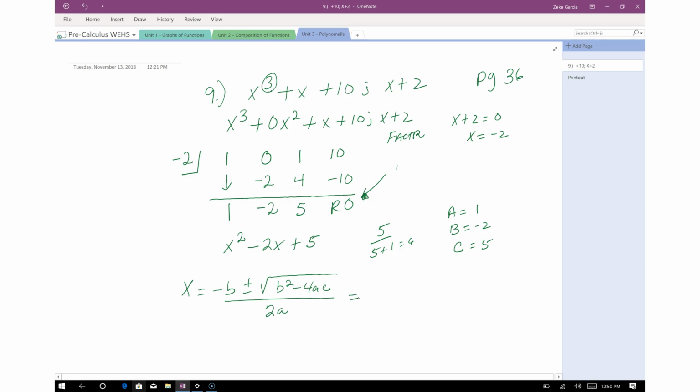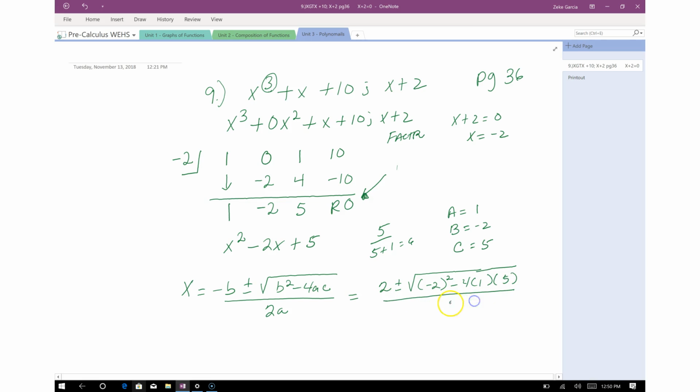So what I'm going to do is just substitute. So negative b is going to be 2, plus or minus the square root of negative 2 to the second power minus 4 times a times c, right?